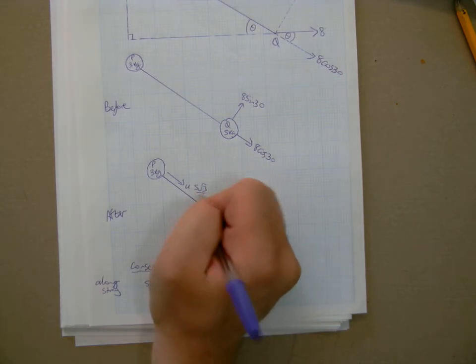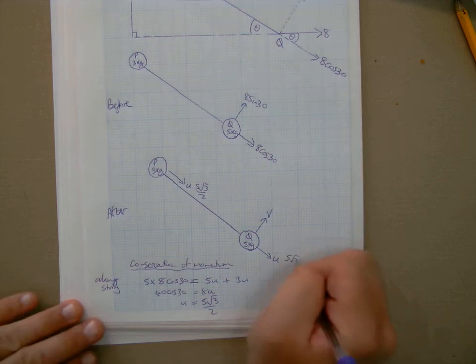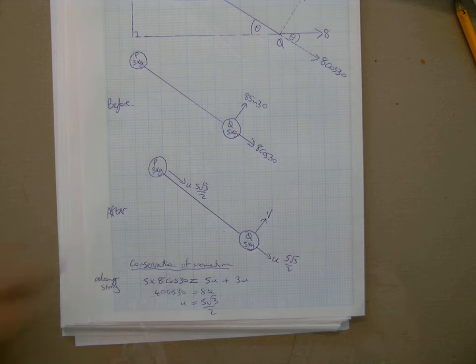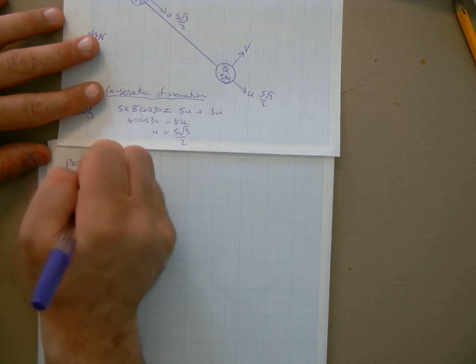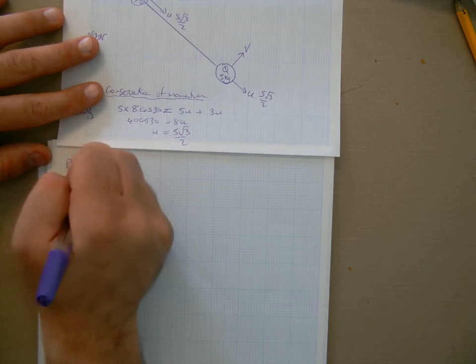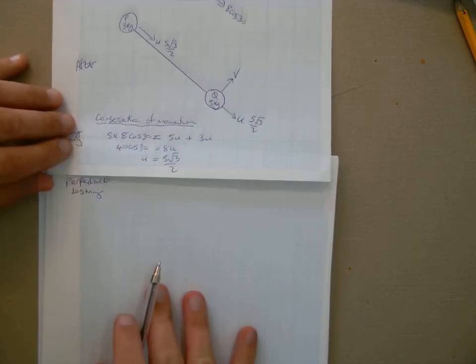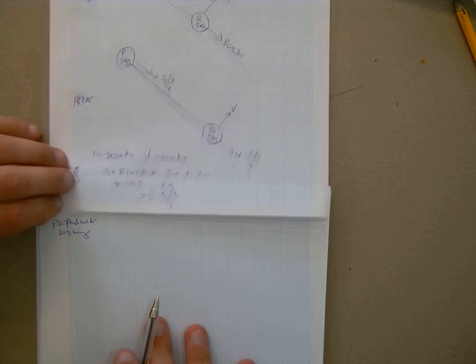Now what we do, of course, is resolve perpendicular, or we apply the conservation of momentum perpendicular to the string. So if we go perpendicular to the string, the momentum after will equal the momentum before.